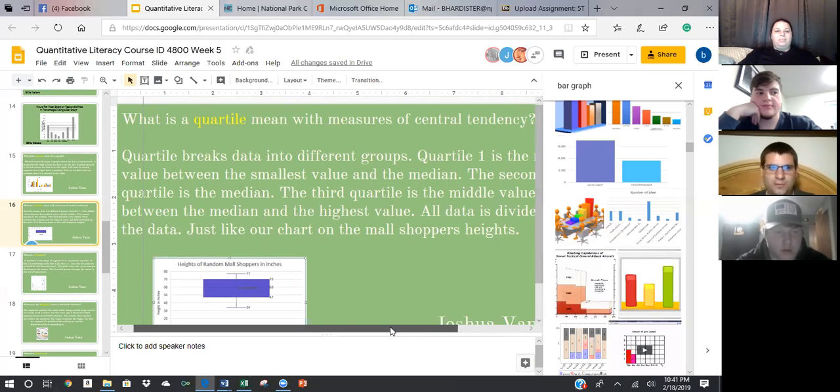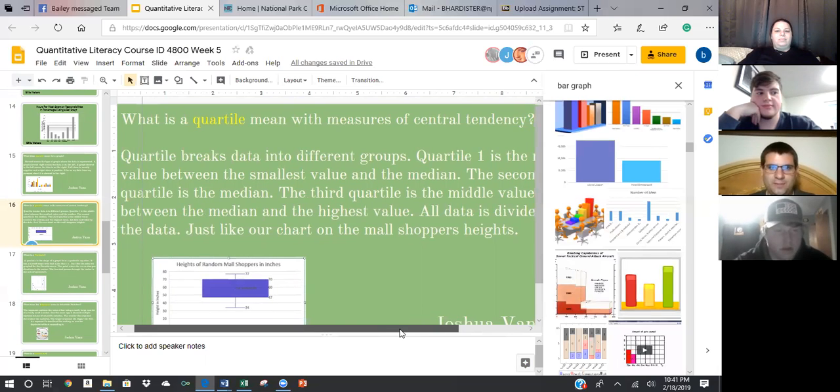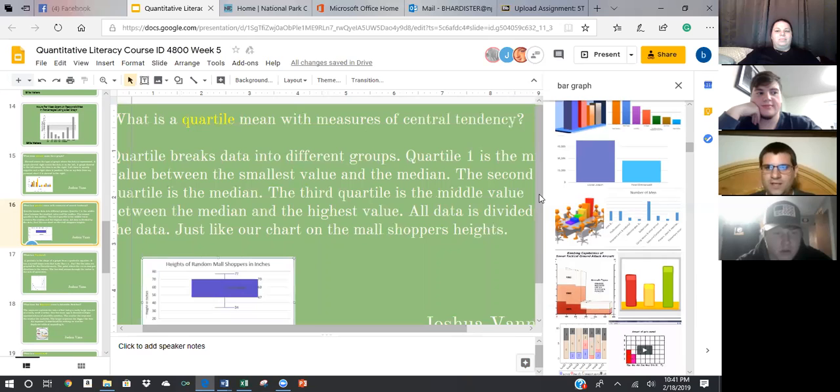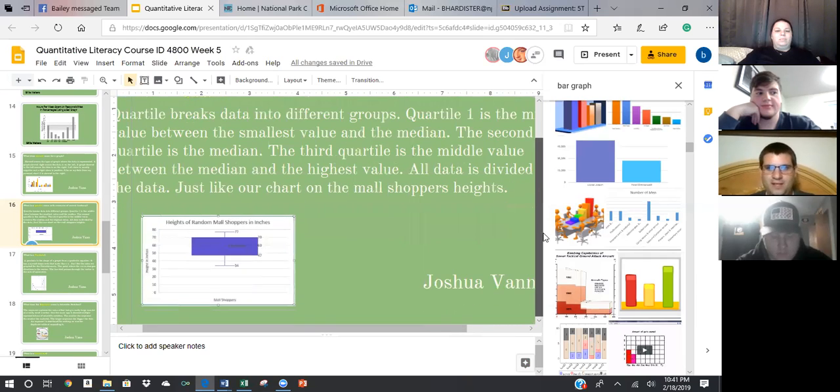The second quartile is the median. The third quartile is the middle value between the median and the highest value. All data is divided up, just like our chart on the mall shoppers' heights.